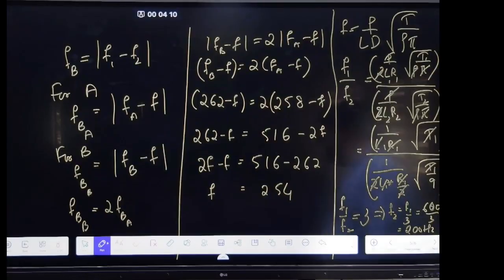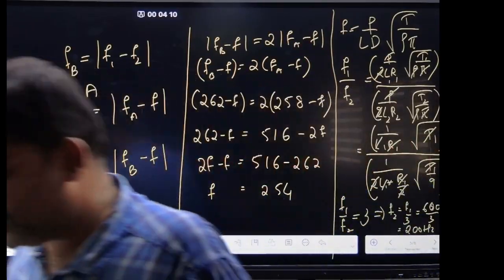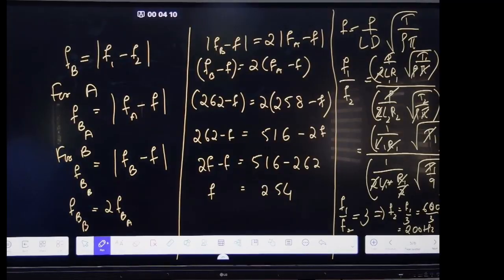So the right option is the first one. Verify it, I may be wrong. Okay, take it down.